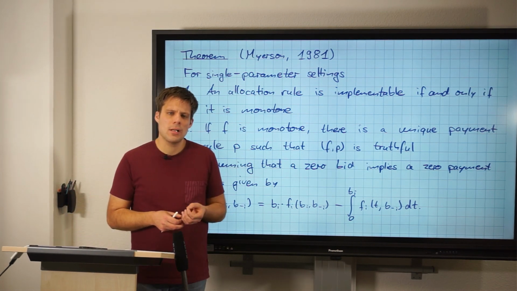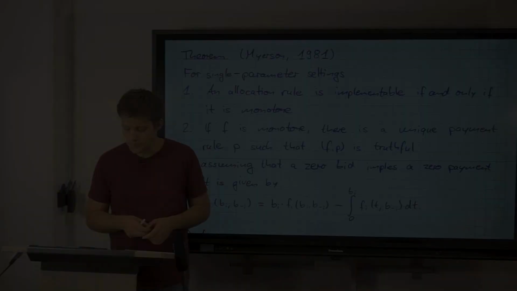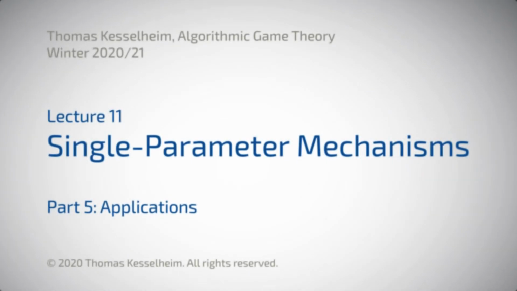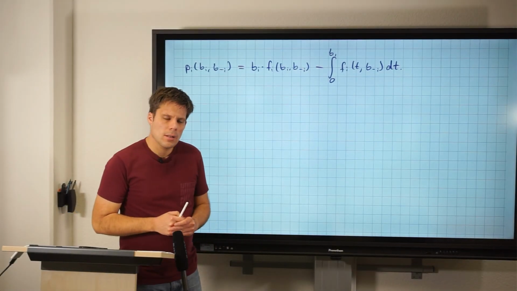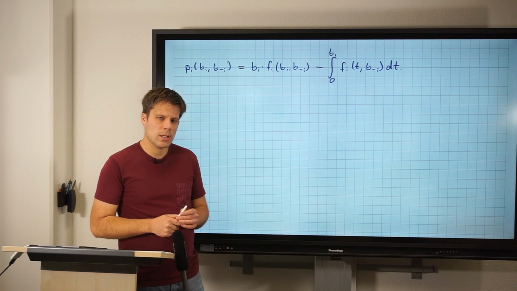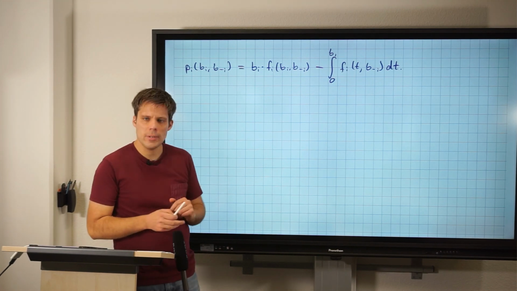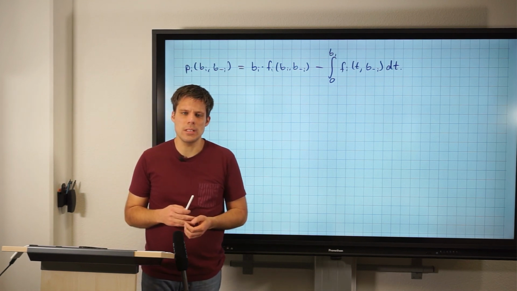Now, let's once again see what this means in the context of our examples from last time. Let's now discuss how we can come to truthful mechanisms from allocation rules via this formula. What does this even mean?